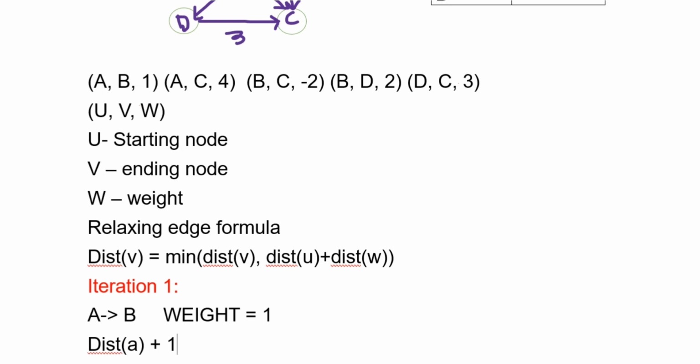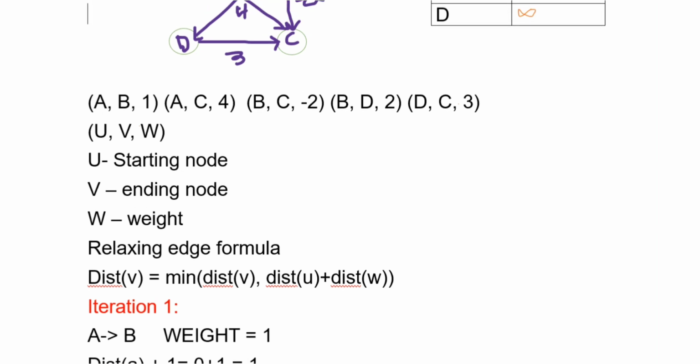Next, we need to consider iteration 1. First I need to take edge A to B. The weight is equal to 1.